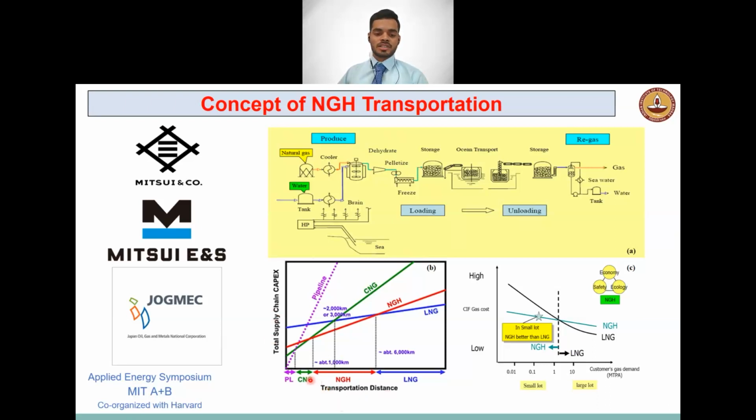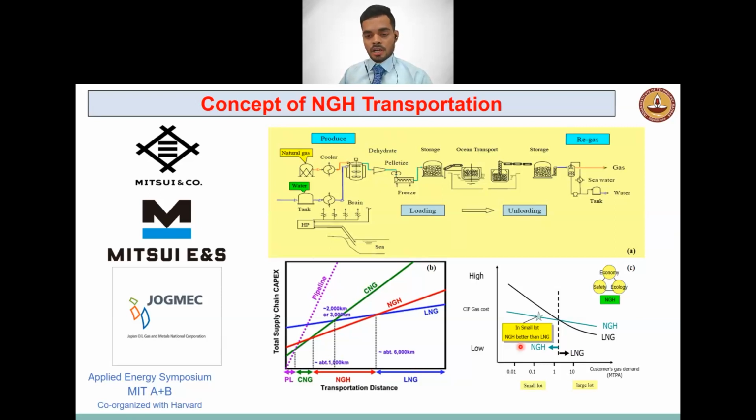From that we can understand that if you want to transport the gas over a low range, then pipeline gas and CNG are economical. If you want to transport the gas over a medium range, then natural gas hydrate is the economical one, and for longer range, LNG is the economical one.